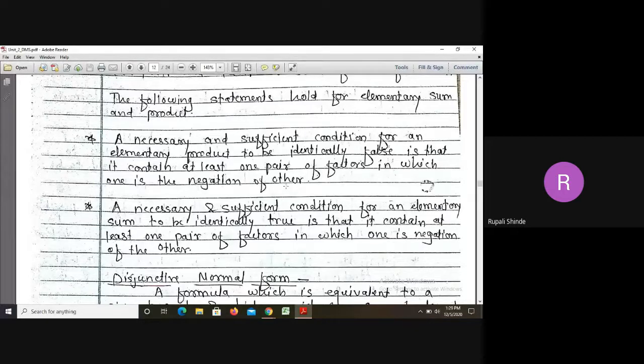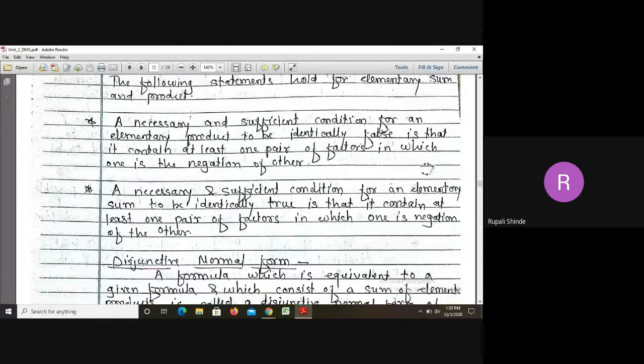If you take P and negation P, it will always give the value false. So if there is any variable P and we take P and negation P, we have taken the product between the variable P and its negation, so you will get the value false.